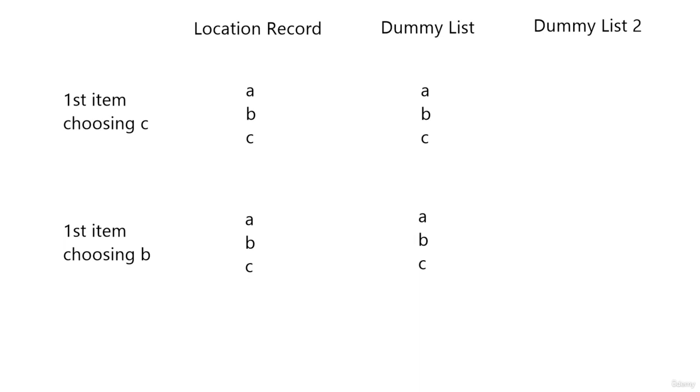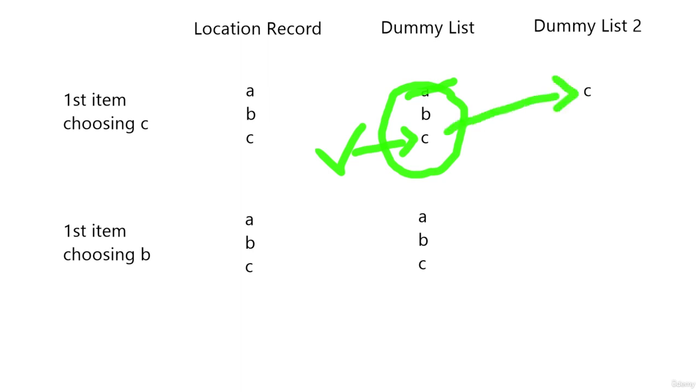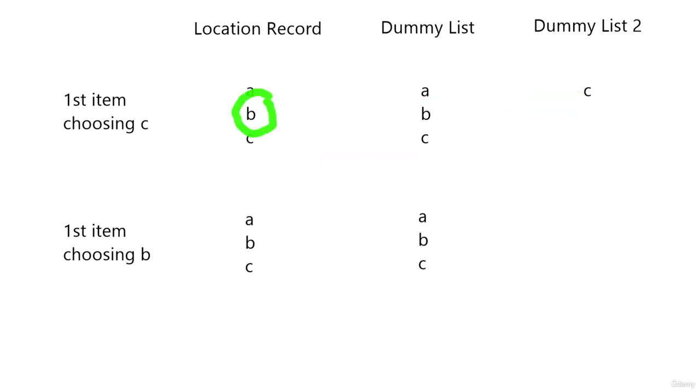Here is a graph to explain how it works. In the ball 1 position block, the first item, A, is deleted in the dummy list. There are only B and C left. If Scratch chooses C randomly, then the first item in the dummy list 2 is C. Here we have the dummy list we initialized.